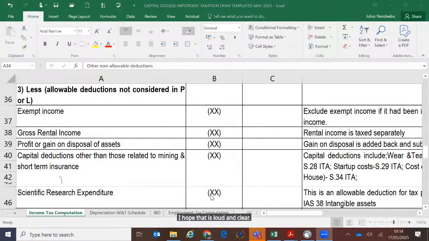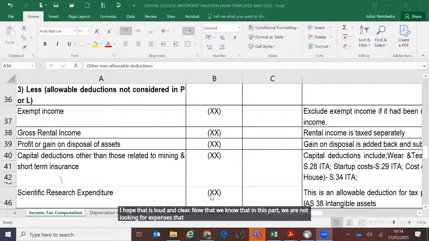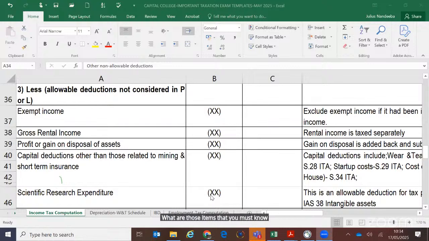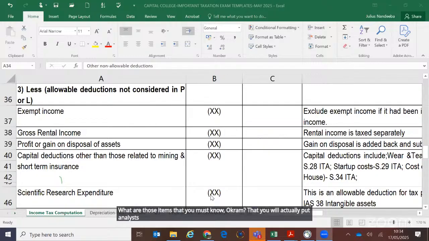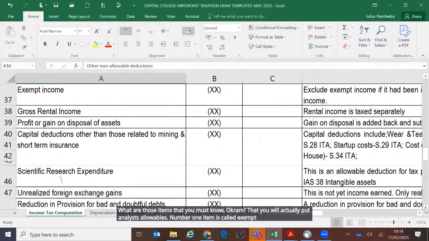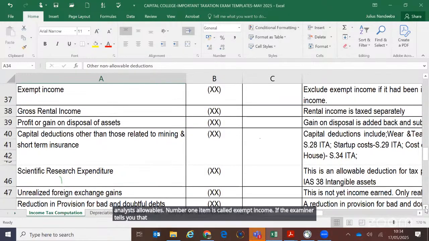Now that we know that in this part we are not looking for expenses that came from the POL, what are those items that you must know or cram that you will actually put under less allowables? Number 1 item is called exempt income. If the examiner tells you that this is exempt income, don't bargain. Go and bring it to the tax computation.